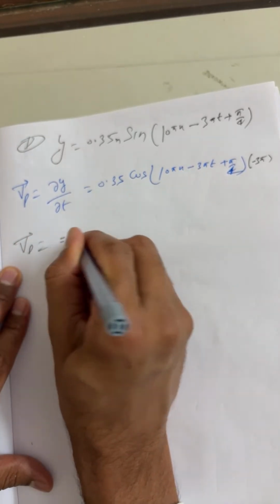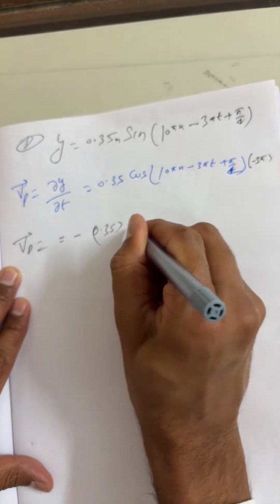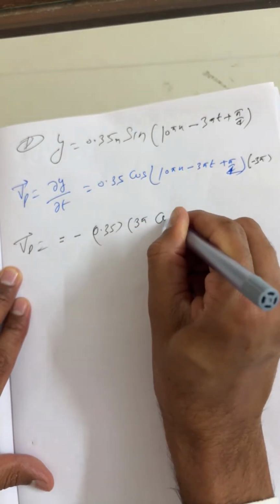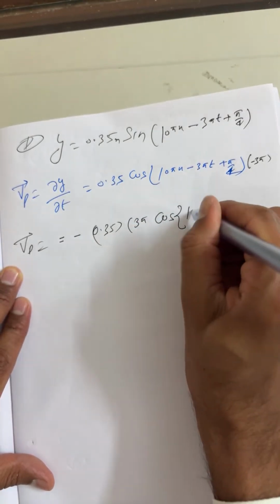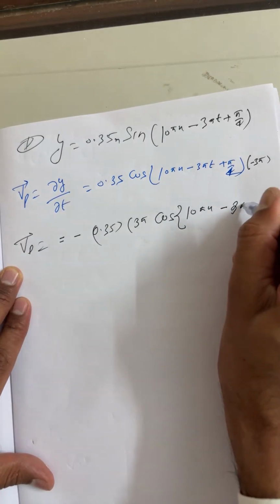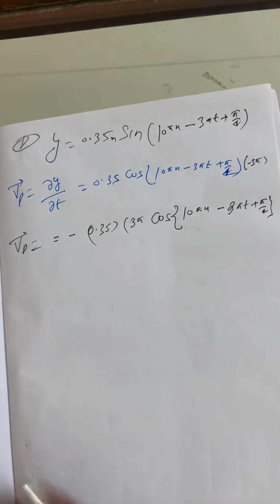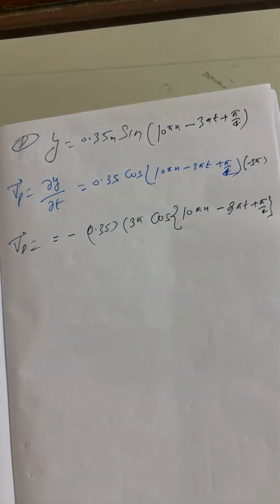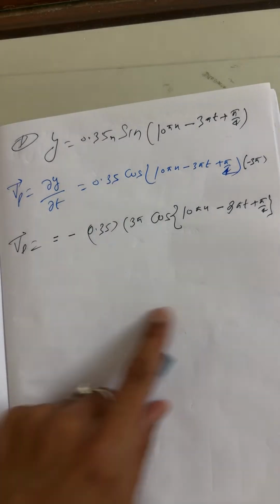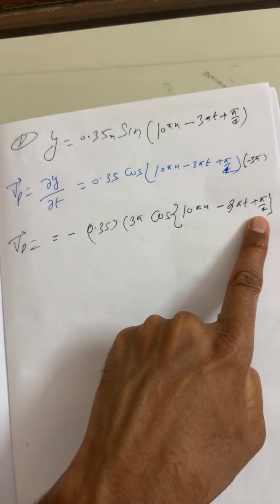Beta, this is what you can say: minus 0.35 into 3 pi cos(beta z, 10 pi x minus 3 pi t plus beta pi by 4). This is pi by 4 beta.